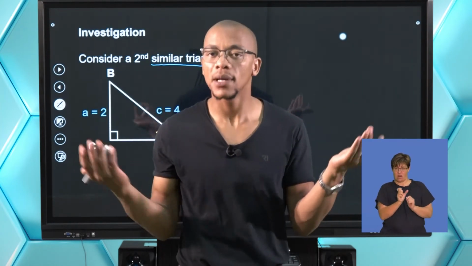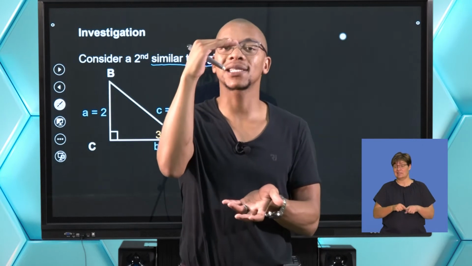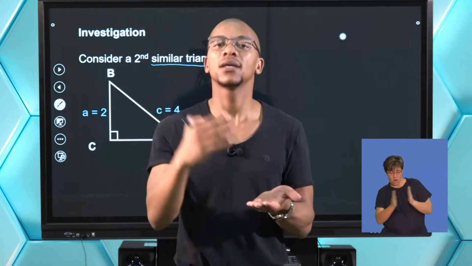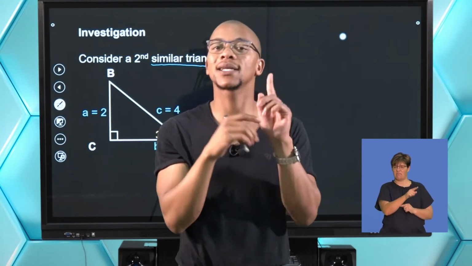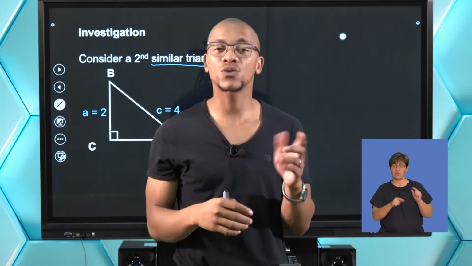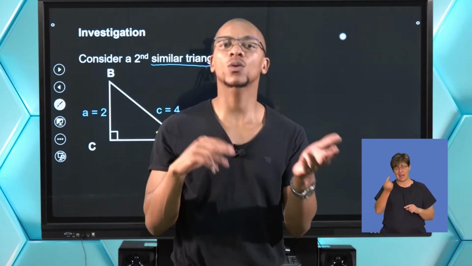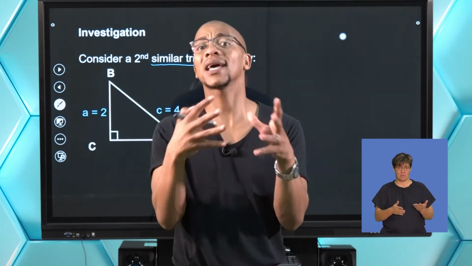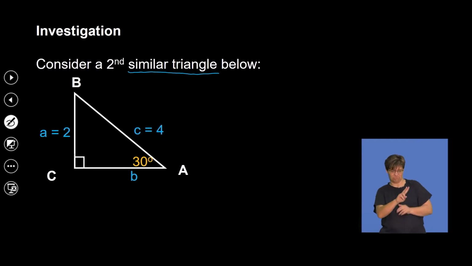We call them similar shapes in general. But in terms of triangles, it's when they have the same angles but different side lengths, where one is bigger and one is smaller. As you saw, the first one had a 1 and a 2. With this one, you will see it has a 2 and probably a 4. And then the next one will also be a similar one, but the angle will remain constant throughout. So we'll look at that, please.